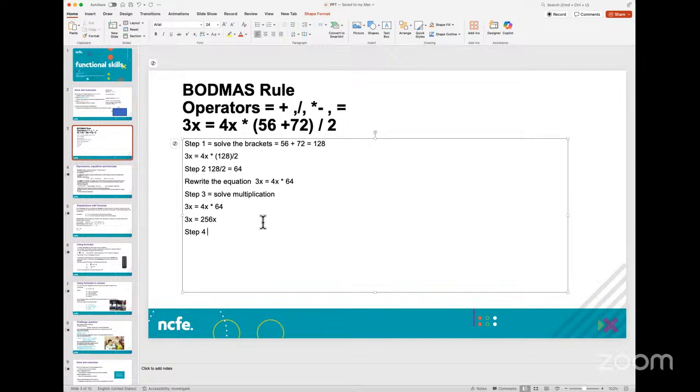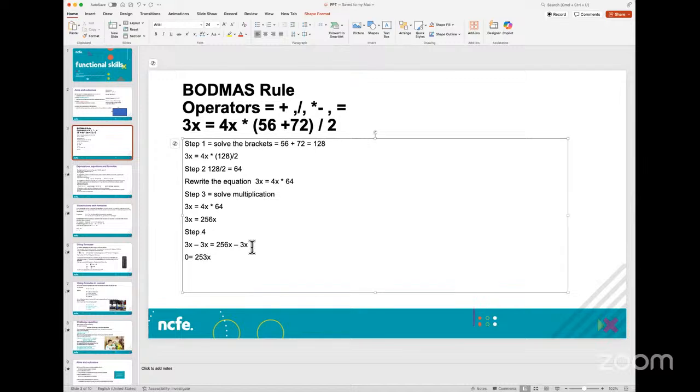Because both these sides have x, if I do one thing on one side, I have to repeat the same thing on the other side, so I will say 256x minus 3x. This is a simplified way of writing the same equation, because 3x minus 3x will become 0, equal to 253x.